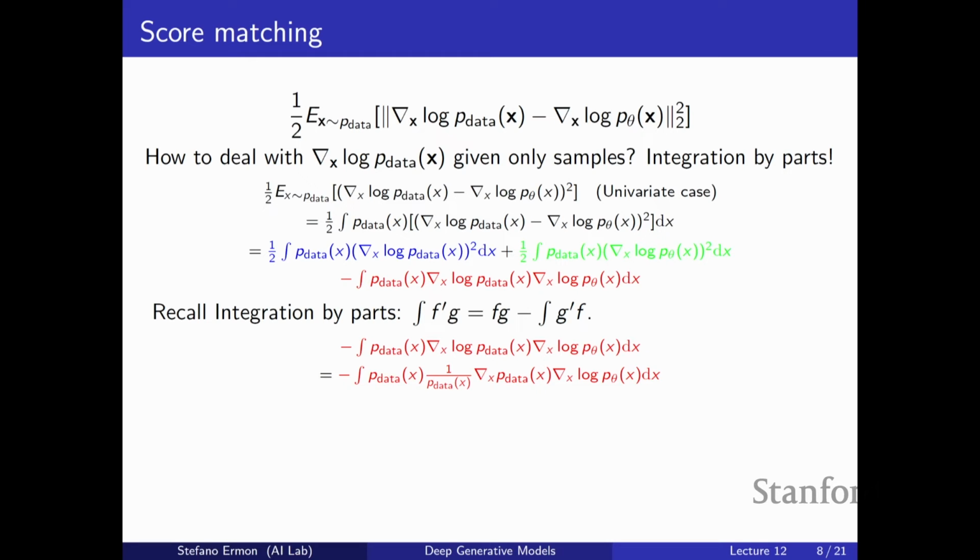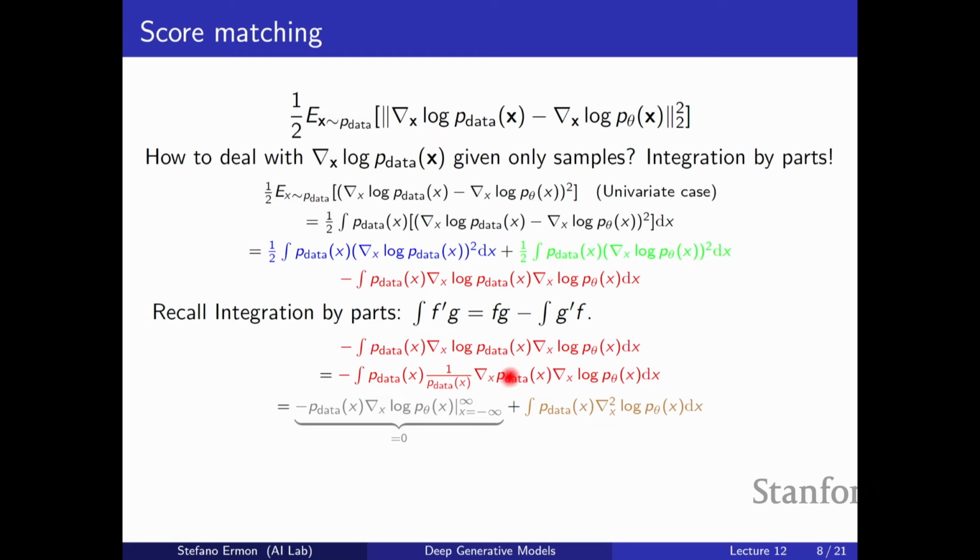So this is the derivative of p data times the derivative of the log p model. And we can apply integration by parts and rewrite it in terms of p data. Here we had a derivative of p data, and so instead of f prime, we go to f.